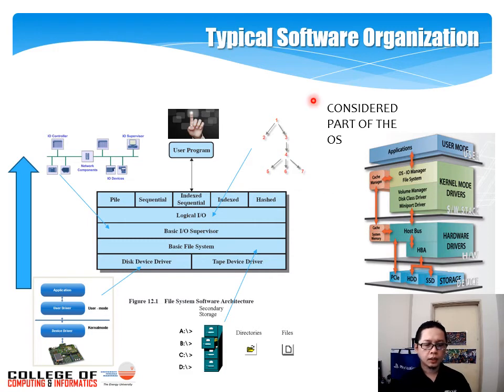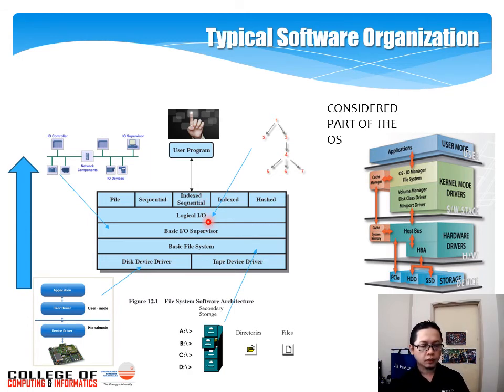Here, it has the structure from the user program up until the use of the I/O devices to store those files. So let's say you have a user program. Each user program has a certain way to collect the user data, and this data needs to have proper permission before it can be used by the process that requested it.